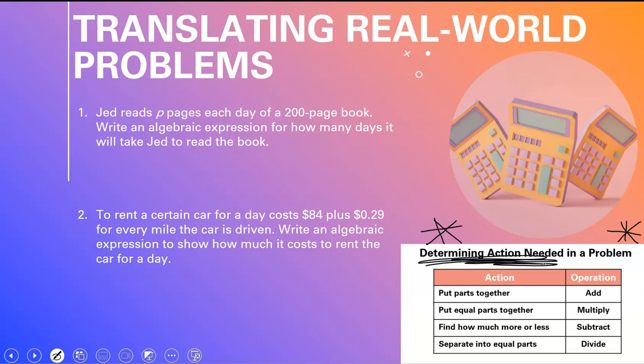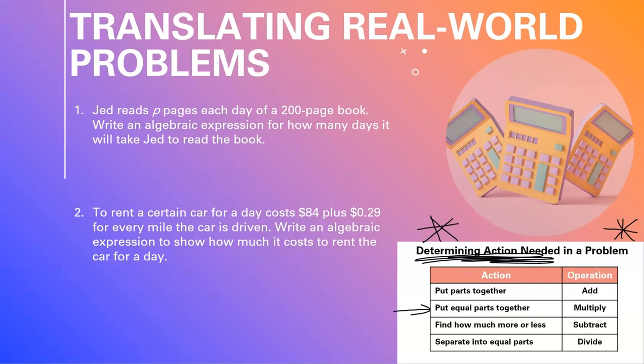Are we putting equal parts together repeatedly? Okay, so that would be multiplication. I'm adding something over and over and over again, and that's the same thing. Are we finding how much more or less something is from another? That's subtraction. Or are we separating something into equal parts or equal groups? That would be division.